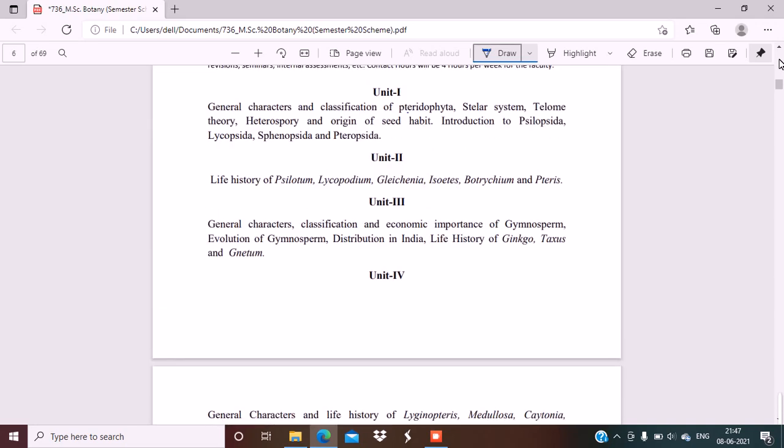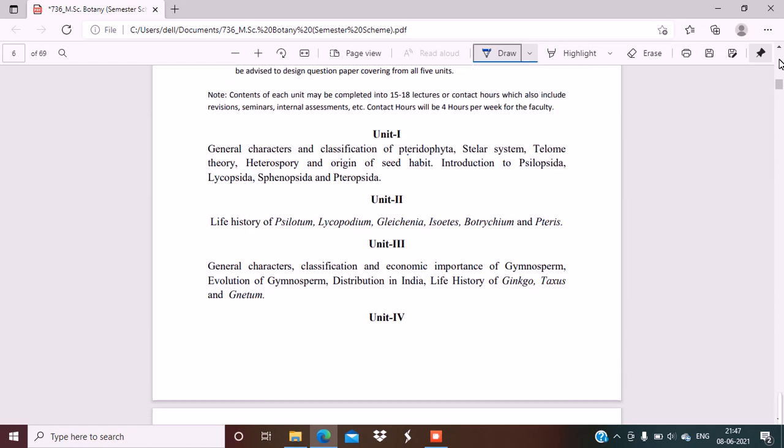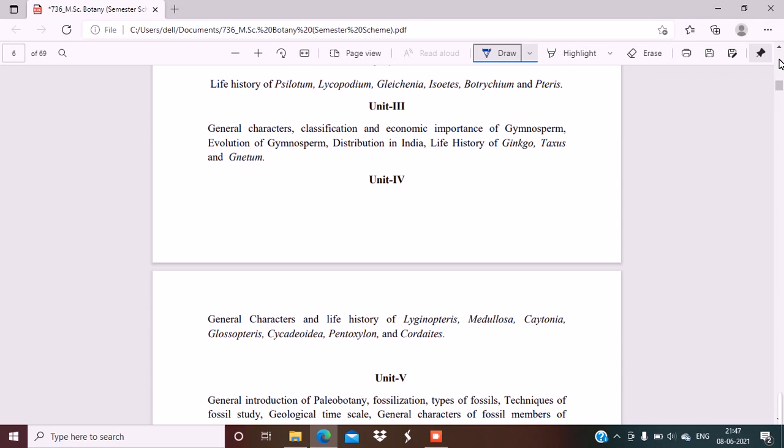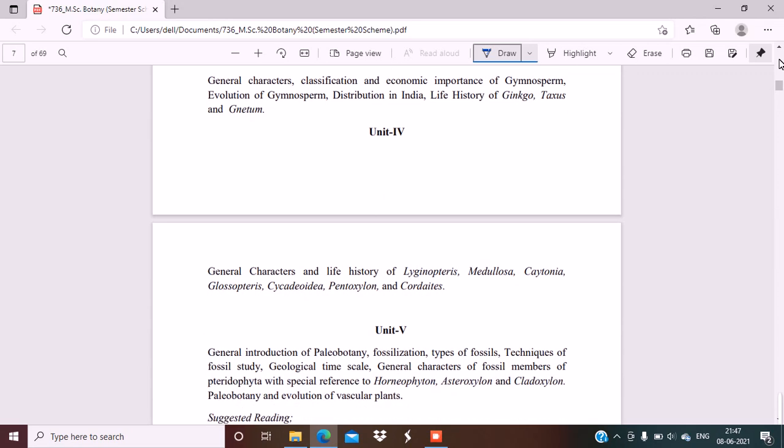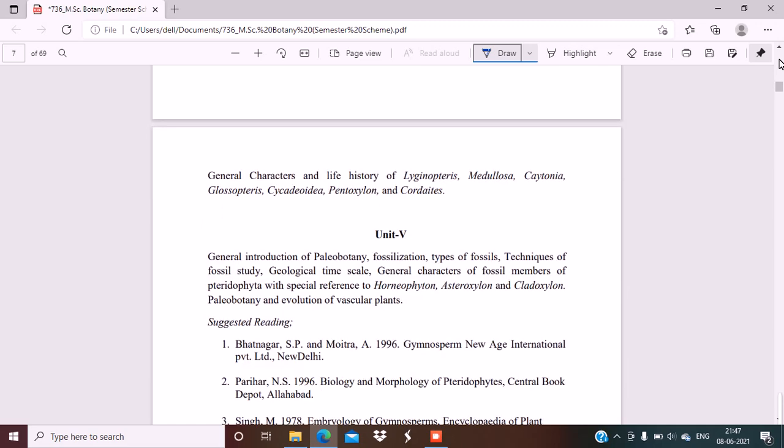For these units, unit 4 also: General Characters and Life History of Lyginopteris, Medullosa, Caytonia, Glossopteris, Cycadeoidea, Pentoxylon, Williamsonia. Now the next is unit 5.